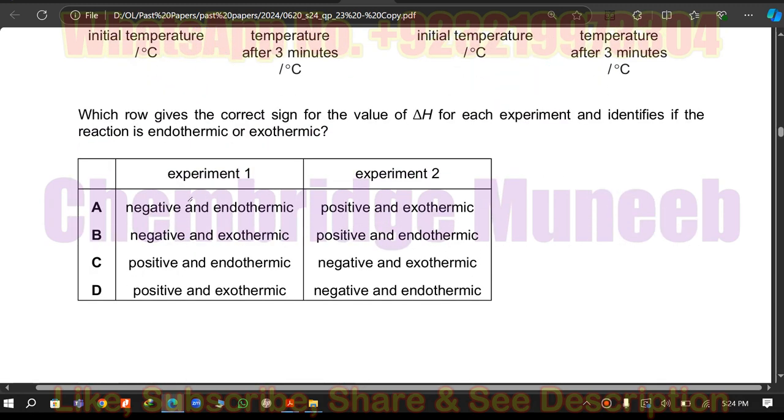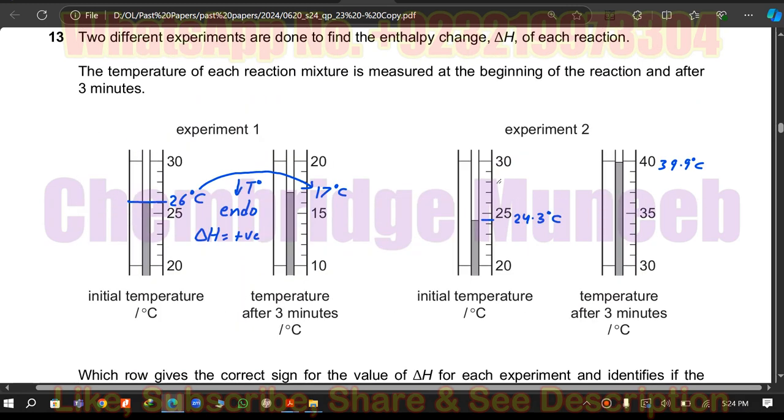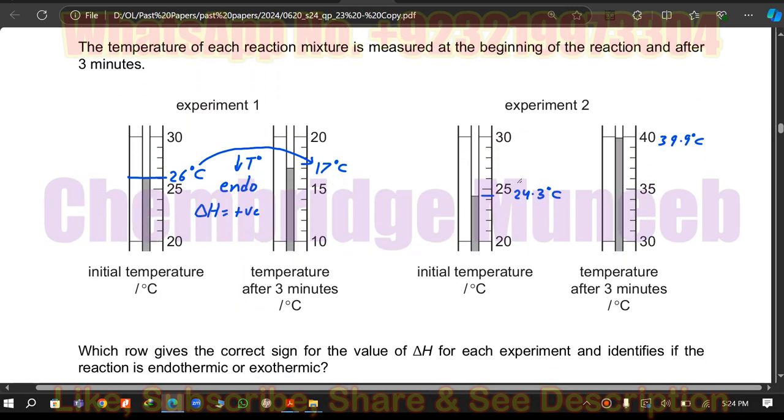So from experiment 1, I will say it is an endothermic reaction and the value should be positive. Now for experiment number 2, the temperature has risen from 24.3 to 39.3, which means it is an exothermic reaction and the delta H value will be negative.